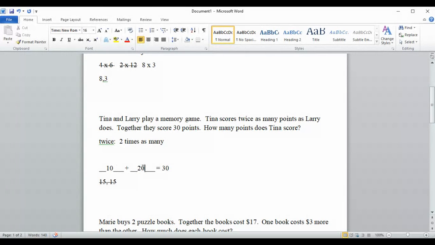So this was Tina's score, and she scored 2 times as much as Larry did. So if he got 10, then she got 20. So how many points did Tina score? She scored 20. So down here, I'm going to write 20. And that's important to go back up here and look at the question.